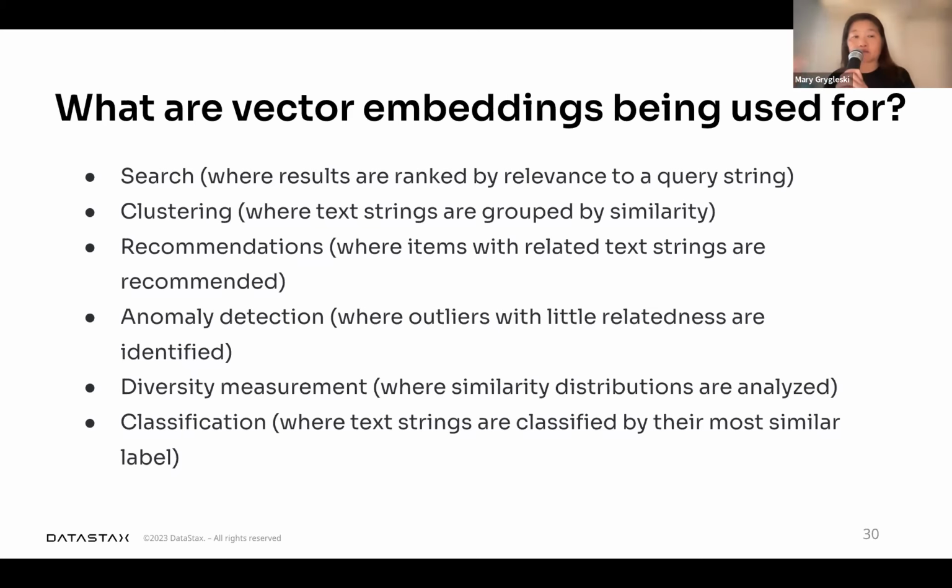You can rely on the embeddings to determine that. Also anomaly detection, which is good, and also diversity measurement as well as classification. So there are plenty of uses you can think of for vector embeddings.